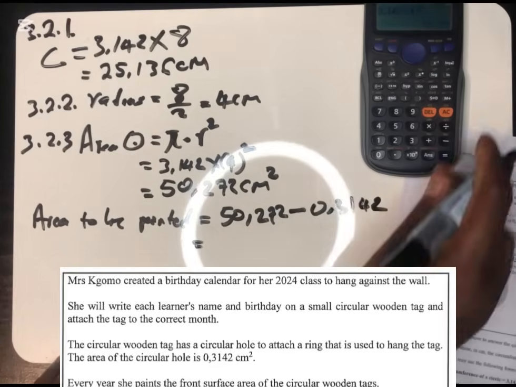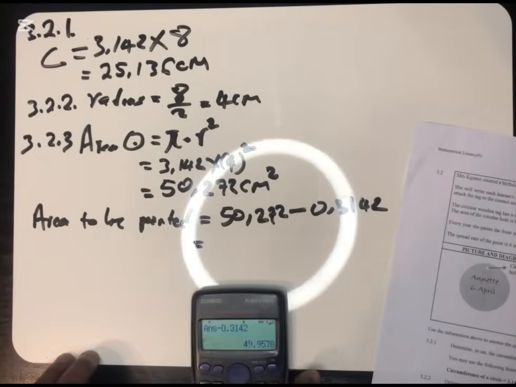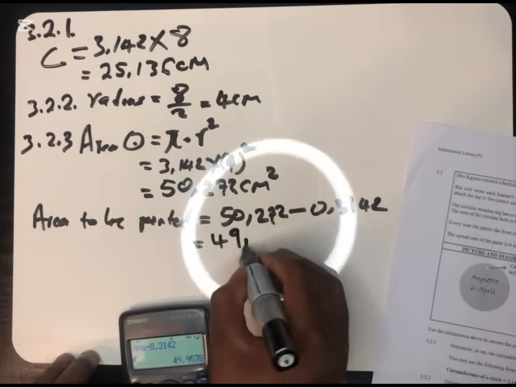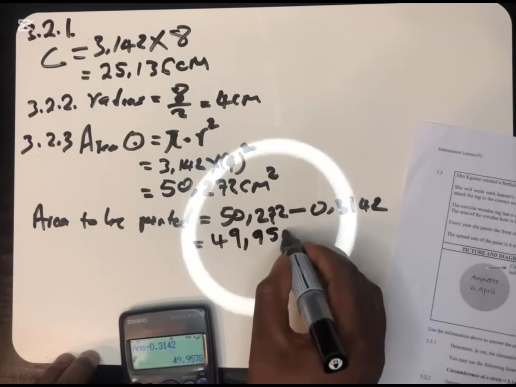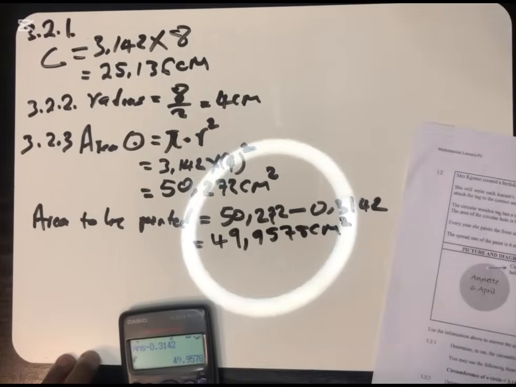We just have to remove the area of the hole, and then we found that the area to be painted is 49.9578 centimeter squared.